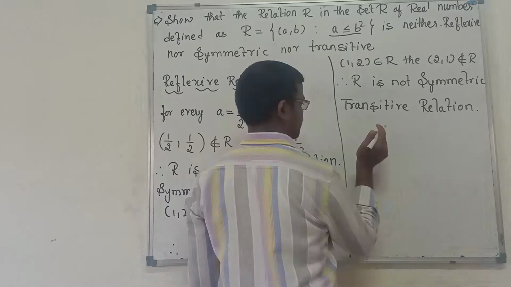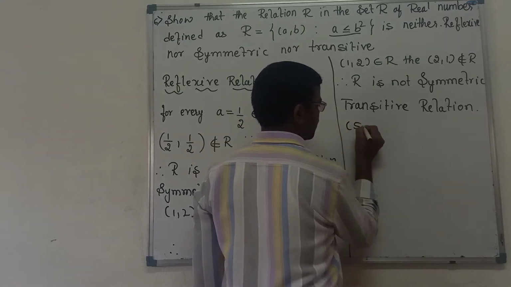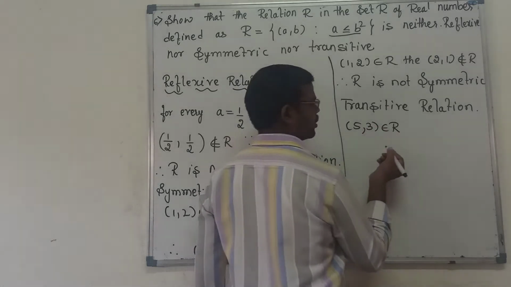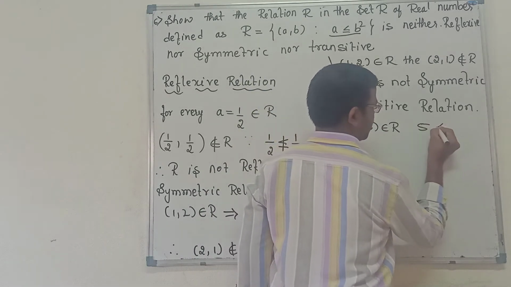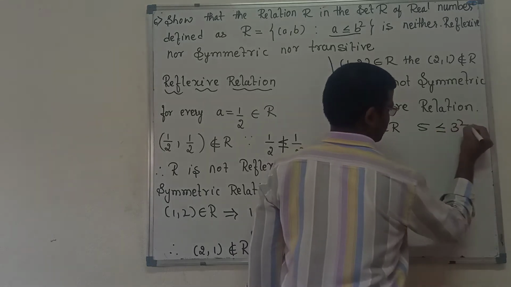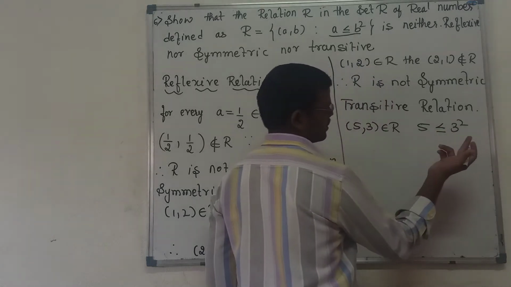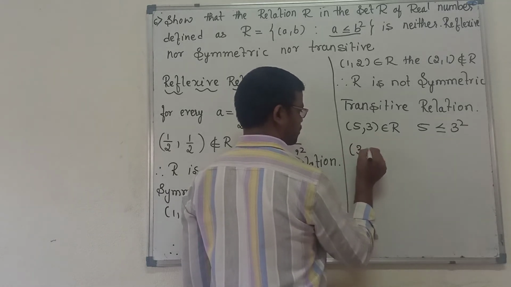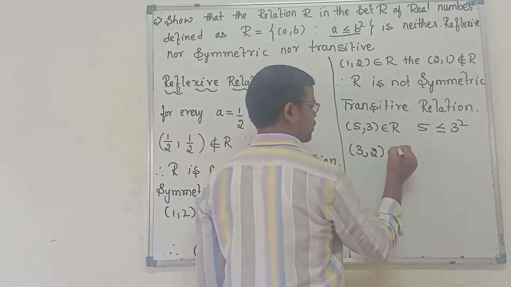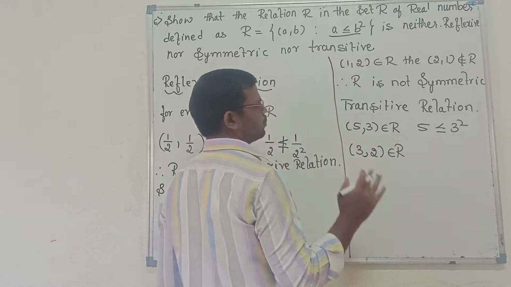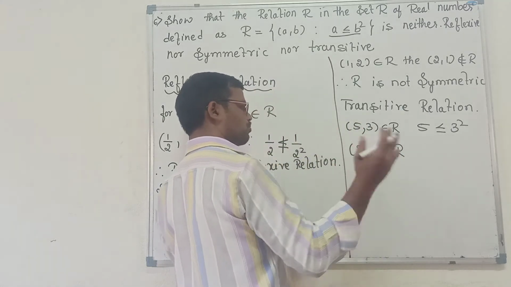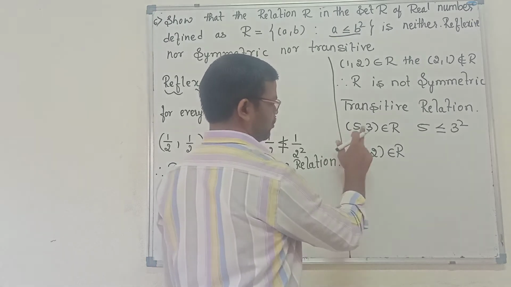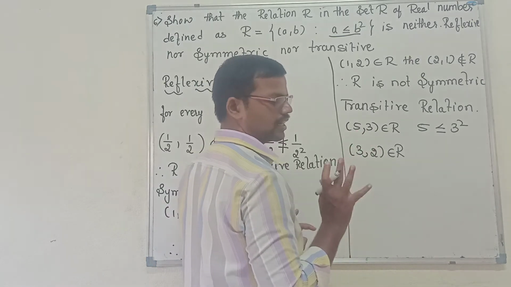First we'll consider (5, 3) belongs to R. We know that 5 is less than or equal to 3 square, and 3 square means 9, so 5 is less than 9. Next we take (3, 2) belongs to R. We have to choose this type of pair. We have so many, but I have selected 5, 3, 2.